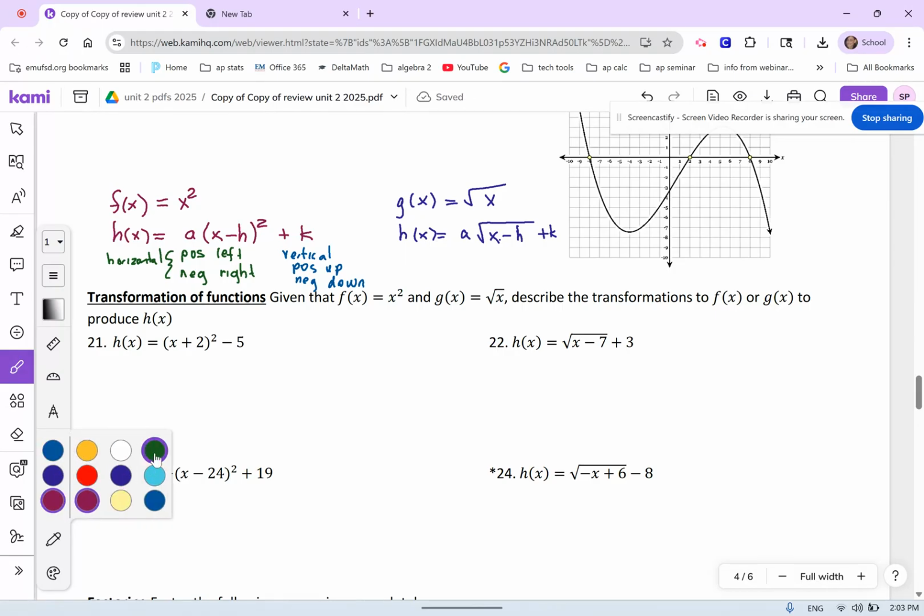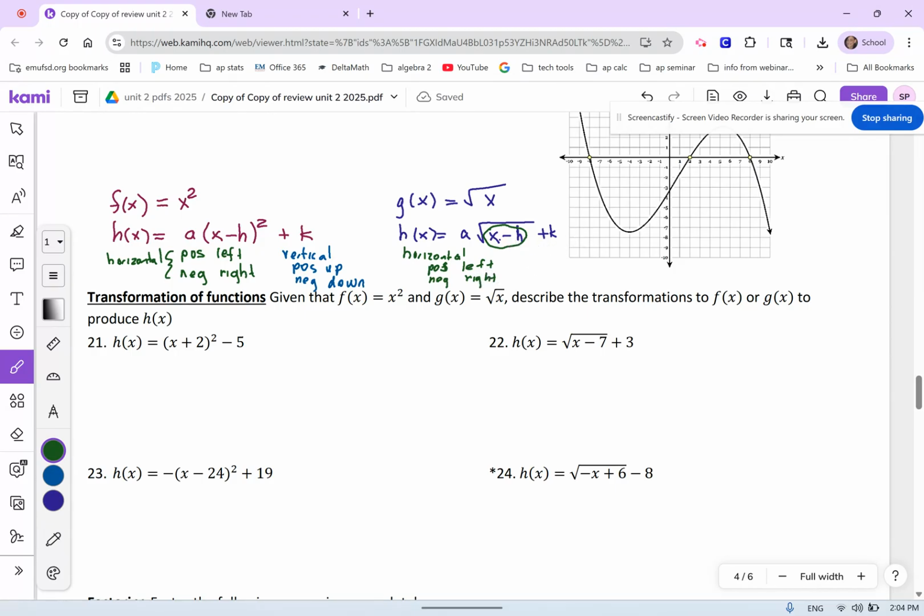Similarly, you have the same thing with the g of x function. Inside the parentheses represents horizontal motion. If it was plus h, you're going to the left. And if it was a negative h, you're going to the right.